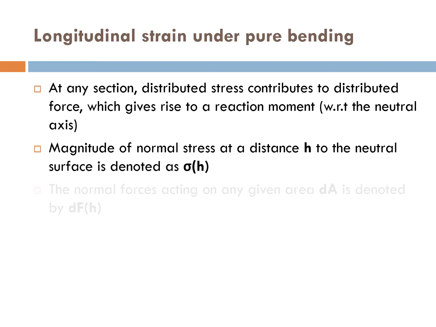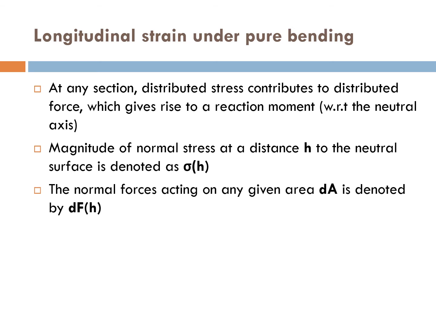The normal force acting on a given area dA is denoted by dF of h. From basic principles, we know that normal stress is defined as normal force per unit area. Therefore, the normal force dFh will be equal to sigma h into the area dA.